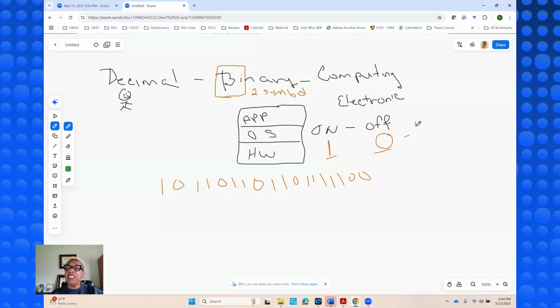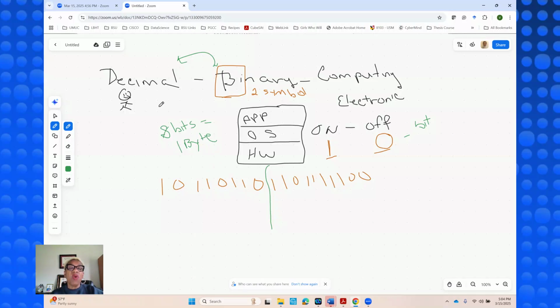Each one of these digits is called a bit. The grouping from binary to decimal is a grouping of 8 bits, which equals 1 byte. So 2, 4, 6, 8. This would be 1 byte.